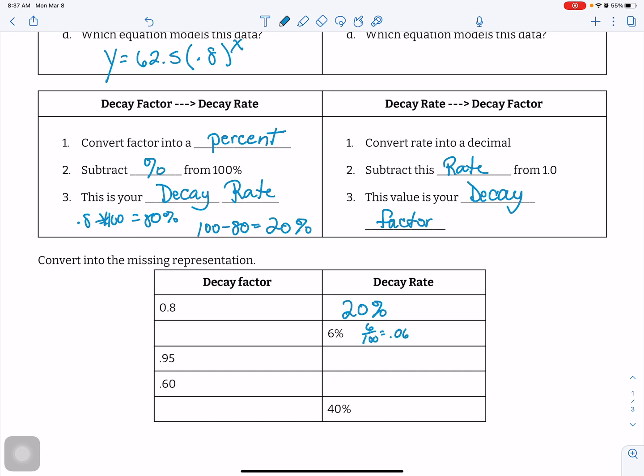And then we need to do 1 minus 0.06, which is 0.94. So my decay factor is 0.94. And this decay factor is really what is left, or what remains. And the decay rate is like how much is leaving. So that's one way to think of it.